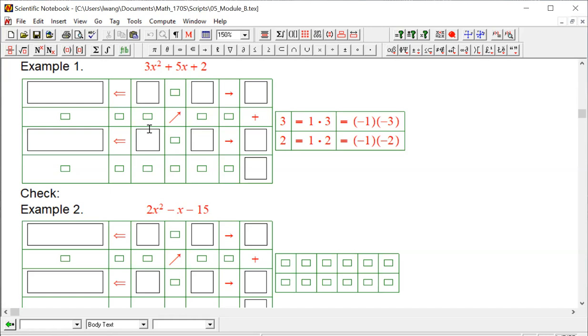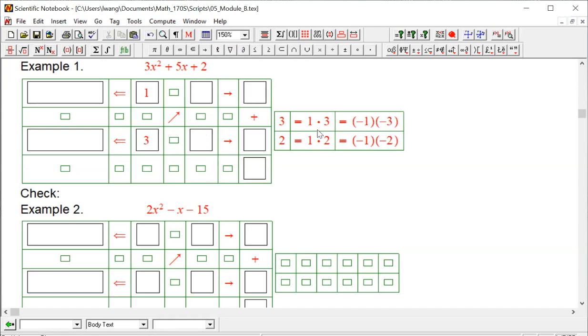So now we're going to do the trial and error, just like what we did before. You always have to try different options. Suppose we use the first case, 1 times 3. And the 2 equals 1 times 2, or 2 times 1, whichever way you want. If you want to try 2 times 1, why not?